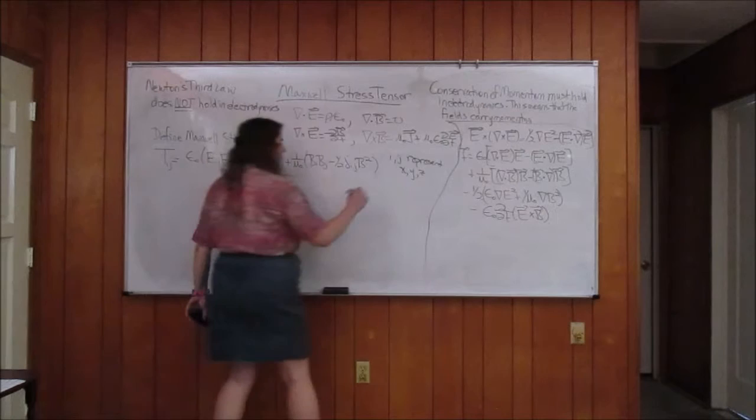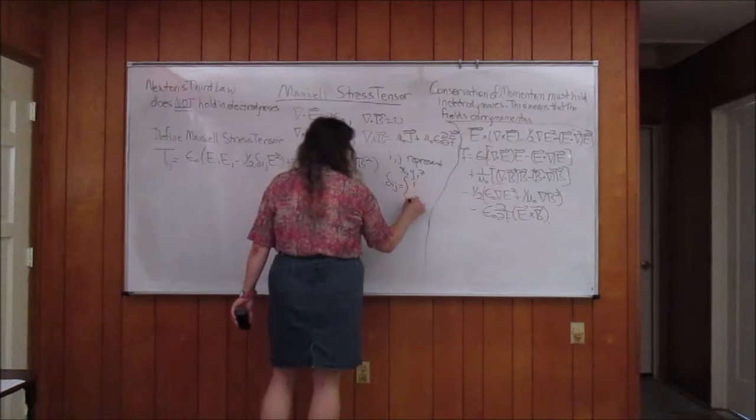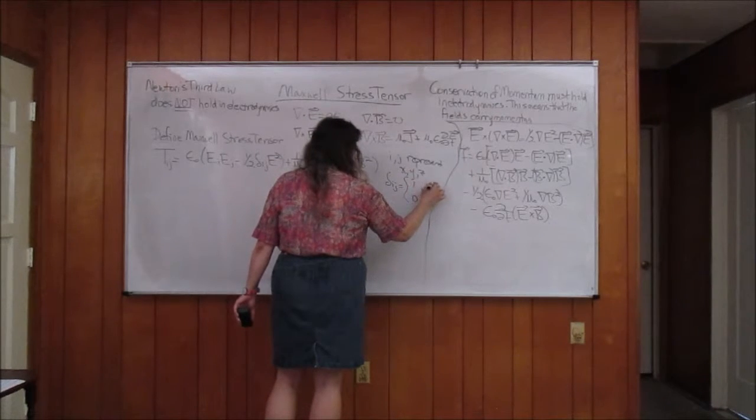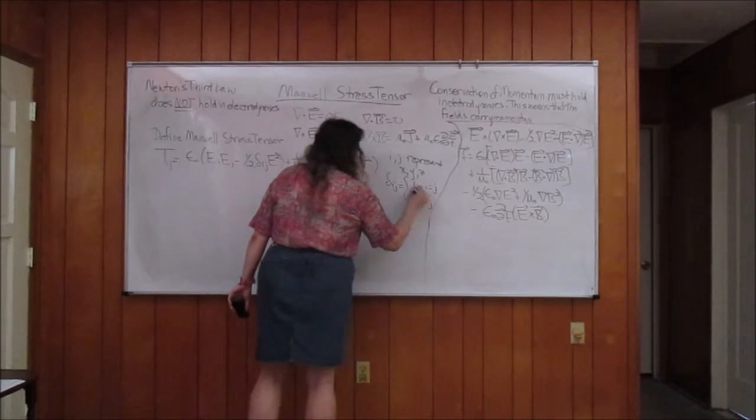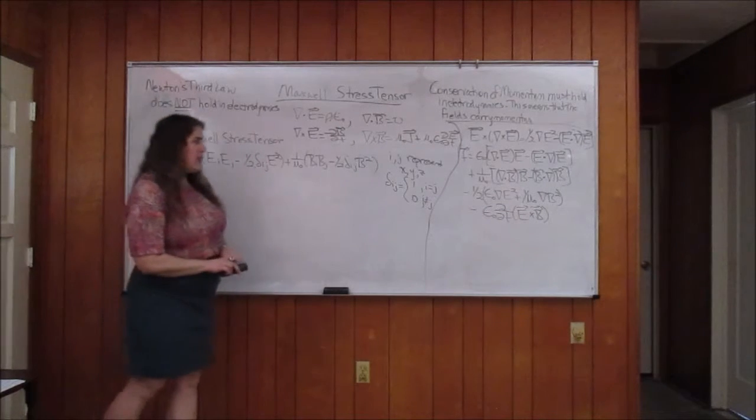Also recall that the Kronecker delta has value 1 if i is equal to j, and is equal to 0 if not.